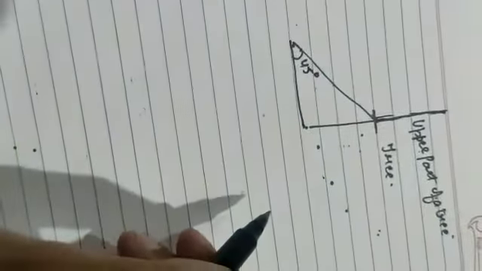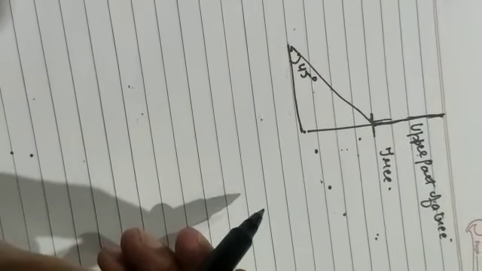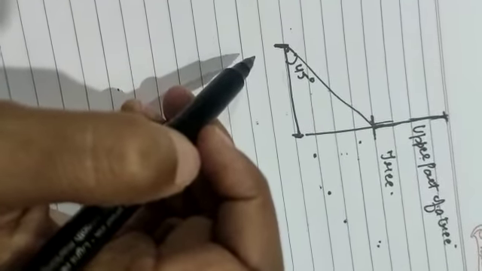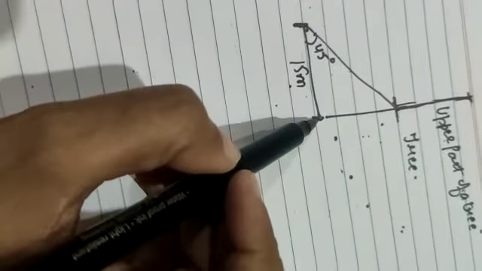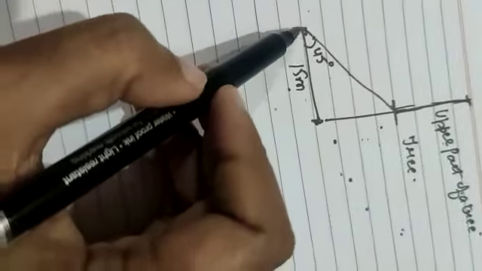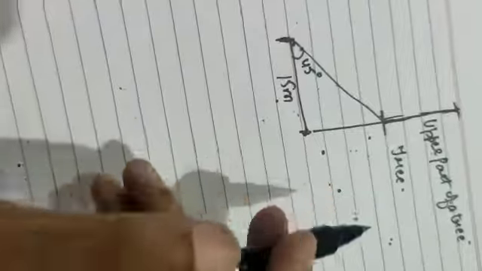So the upper part of a tree broken over by the wind makes an angle of 45 degree with the ground, and the distance from the root to the point where the top touches the ground is 15 meter.